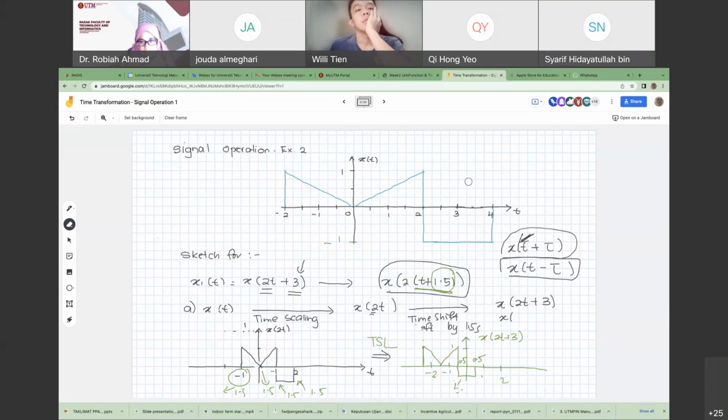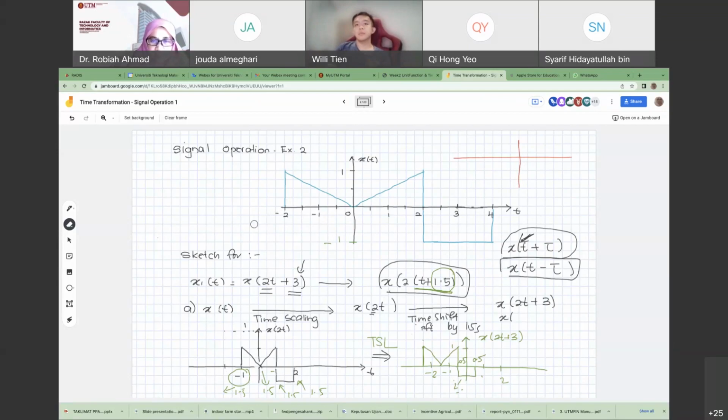Okay, what about the other way round? We shift first and then we compress. So I think you can try that one. Shift first by 3. Let me do it here, in red. If we shift 3, everything will be plus, and then I compress.